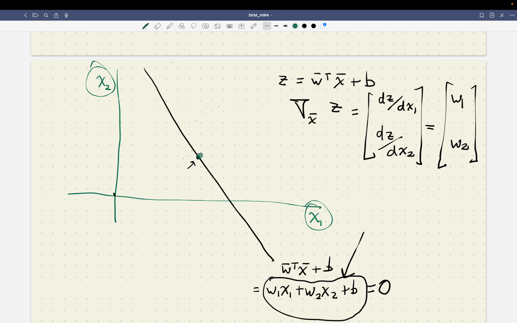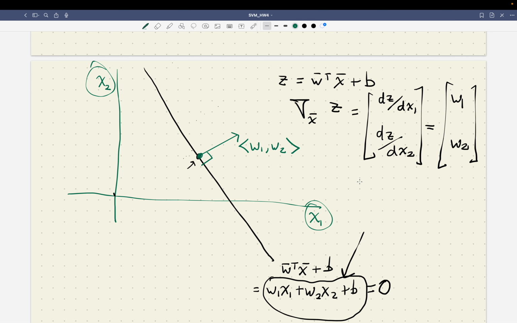If you take a point here, (w1, w2) is going to point exactly perpendicularly. So this is the vector (w1, w2), and it points in a direction that is perpendicular to the decision boundary.